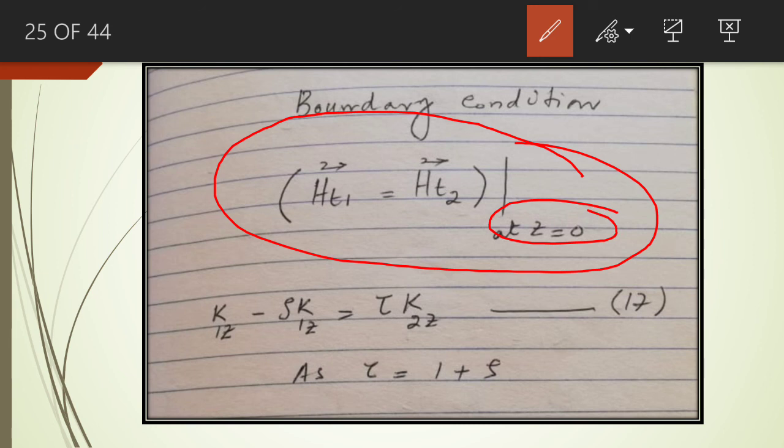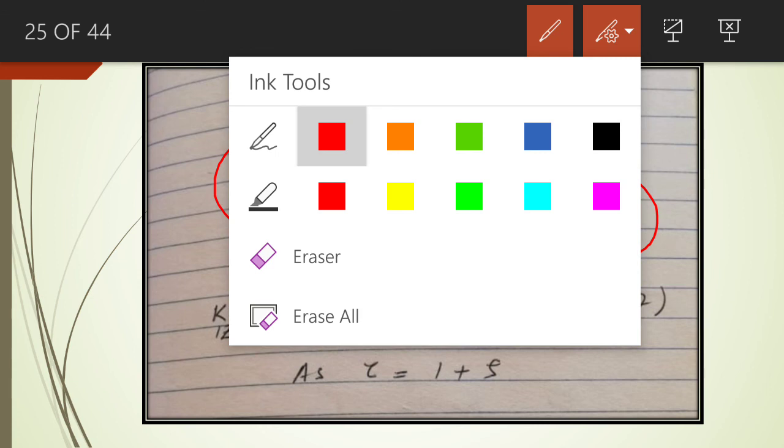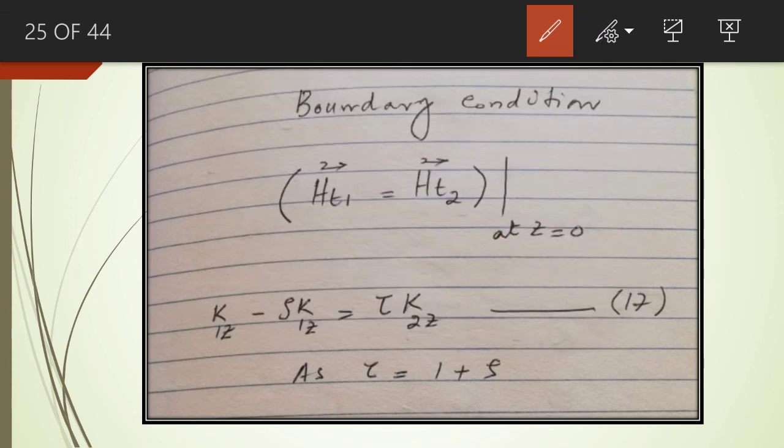You are requested to put the value of z equal to 0 in HT1 and the value of z equal to 0 in HT2. Then simplify this equation. The simplification will give you equation number 17. So K1z minus rho K1z will be equal to tau K2z. So if we simplify this equation, we obtain equation number 17.